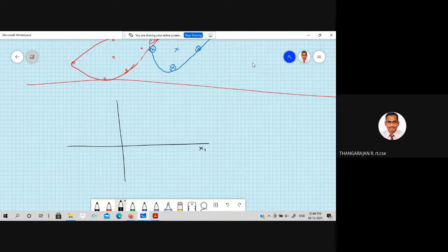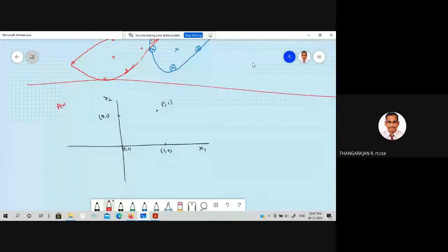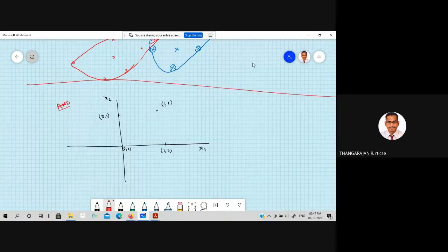This is input x1, x2: 0, 0, this is 0, 1, this is 1, 0, and this point is 1, 1. Right. Now, what is the value of AND? When you take an AND gate, the output is 0 everywhere, except when both are 1, it is 1.